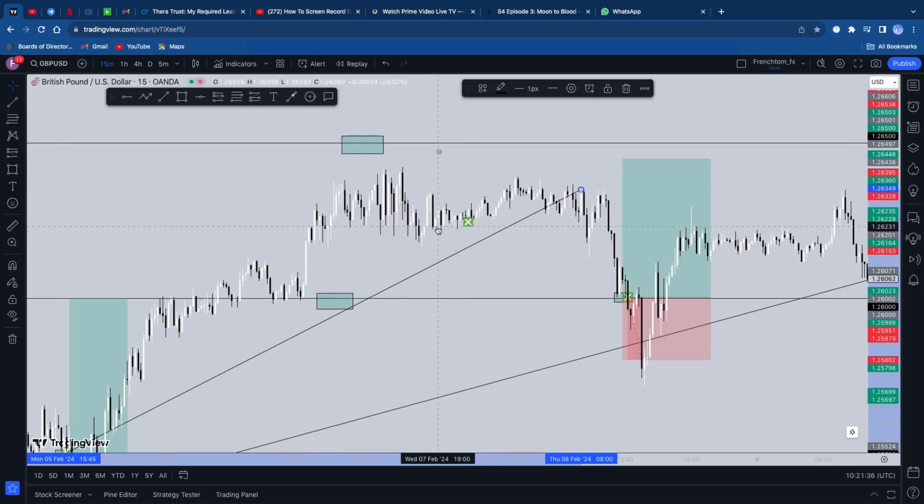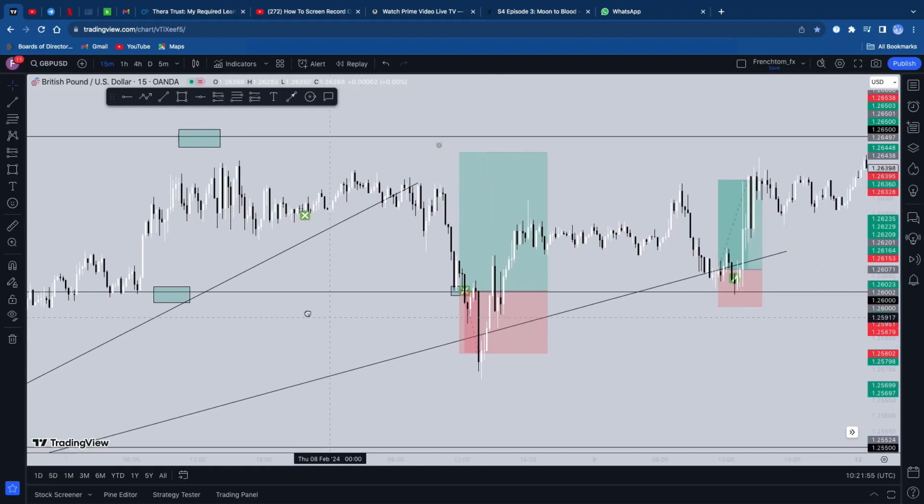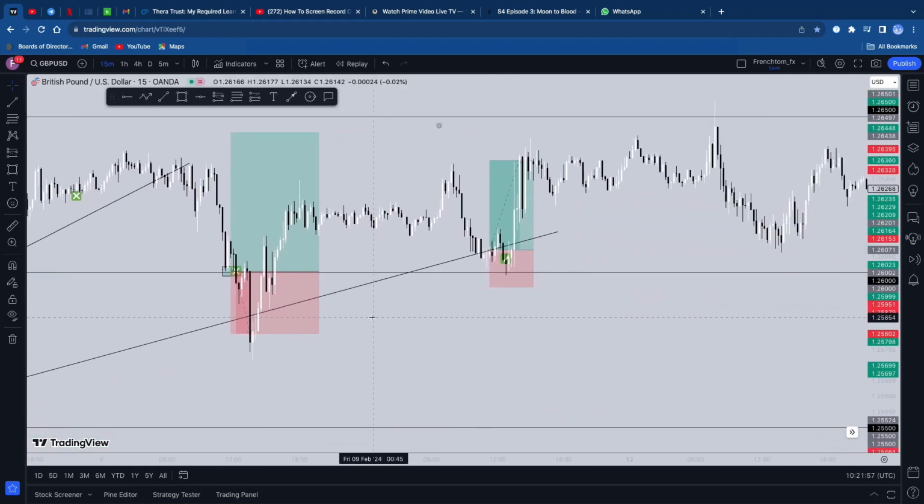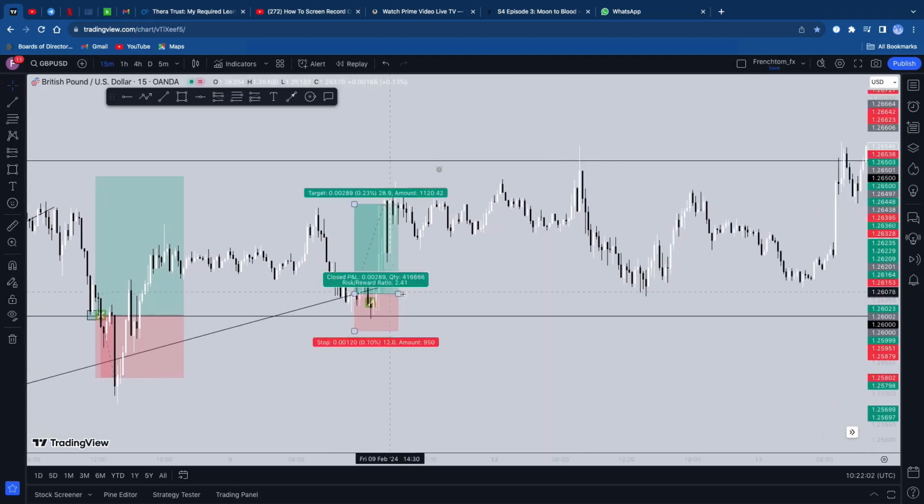And this one I drew here because I was expecting to short as price pulled back here, and price didn't get there. I think I took this trade somewhere here. I can't remember exactly, but I know I took it and it was a loss, that's why I put this X sign. I can't remember this trade exactly, so I'll just leave it.